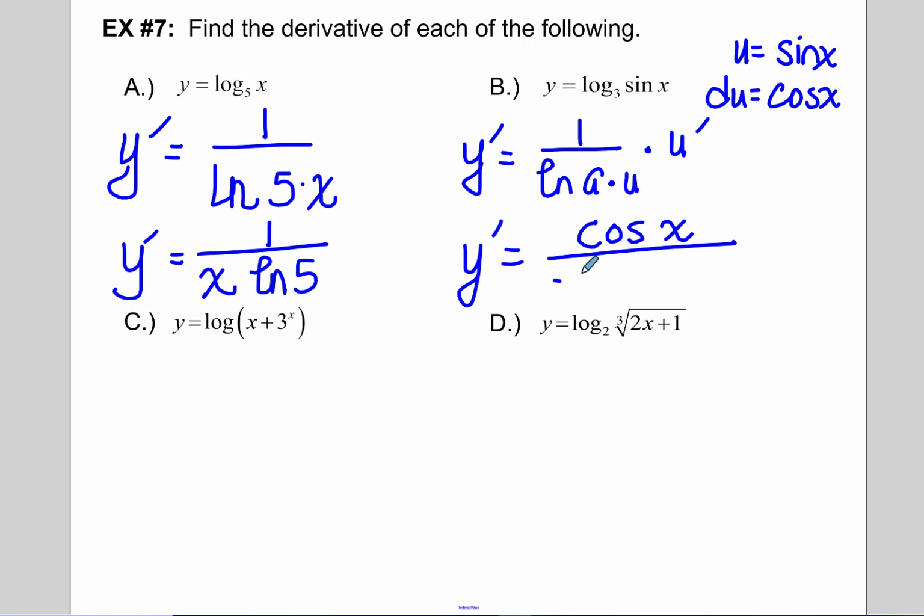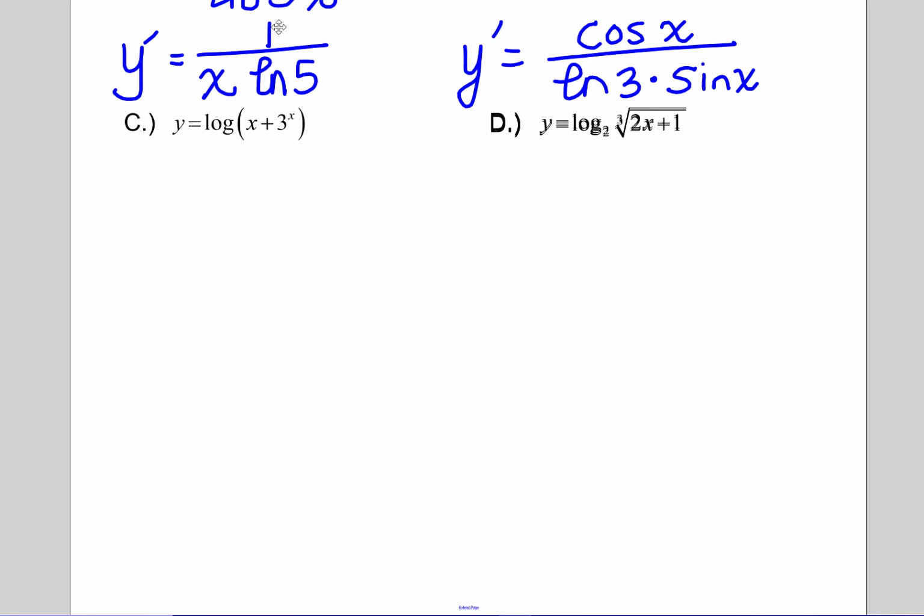The natural log of a is the natural log of the base, so that's the constant, times your function, which was sine of x. Okay? Now, in this case, I guess you could say cosine over sine and simplify that down as cotangent, but it would be cotangent divided by natural log of 3, or you could put tangent on the bottom with natural log of 3. But I'm happy just to stop here unless it's a multiple choice and you're trying to chase down some multiple choice answer.